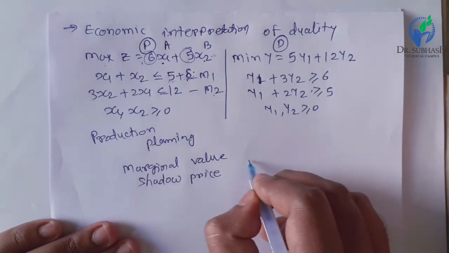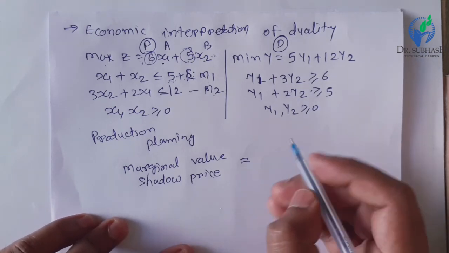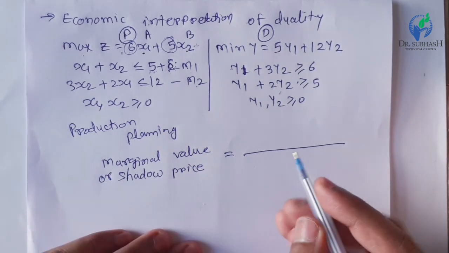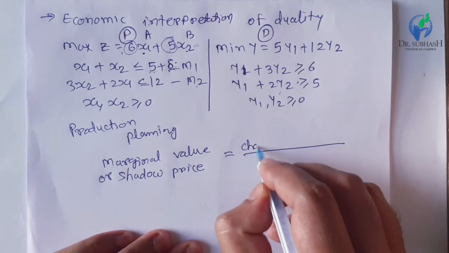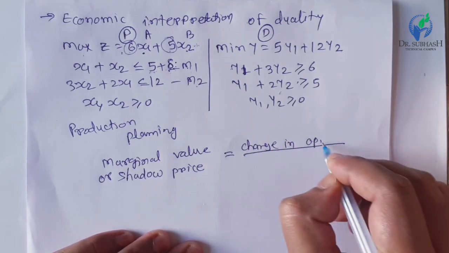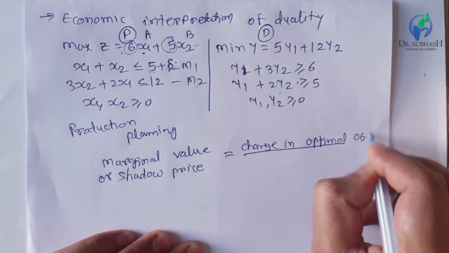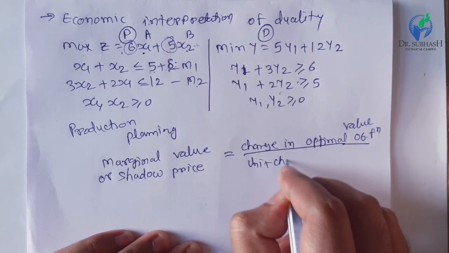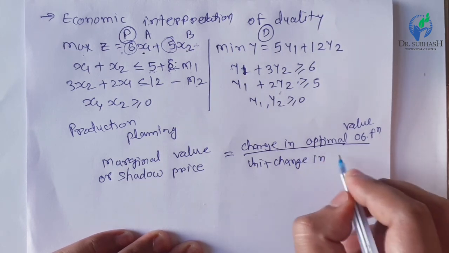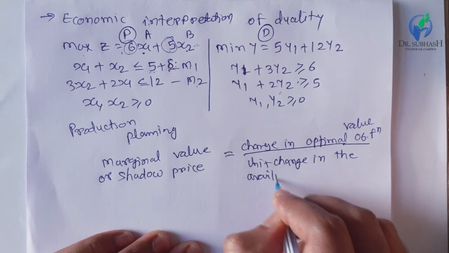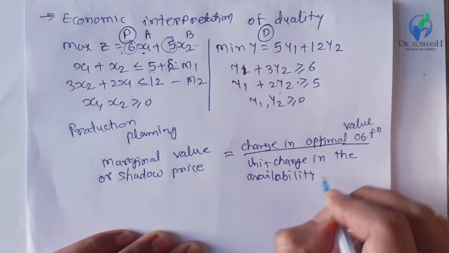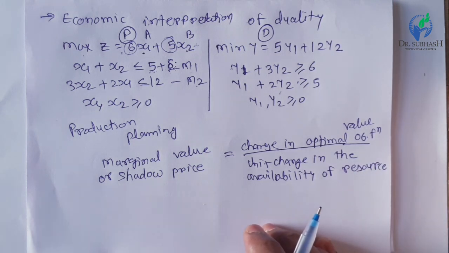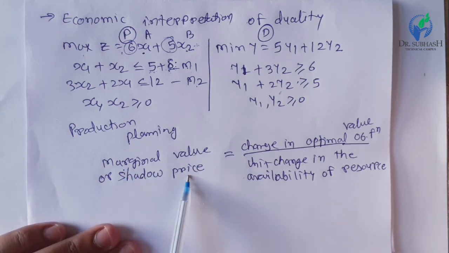In mathematical terms, the marginal value or shadow price is the change in optimal objective function value divided by the unit change in the availability of resource. So this is the marginal value or the shadow price.